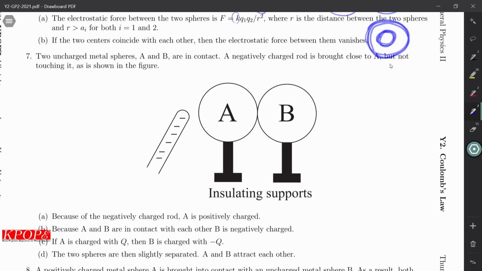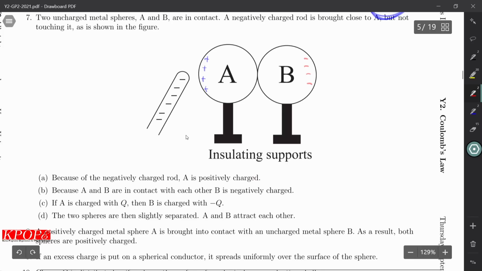This negatively charged rod attracts the positive charges, but everything used to be neutral, so there should be some negative charge, and this negative charge is repelled by the negatively charged rod.